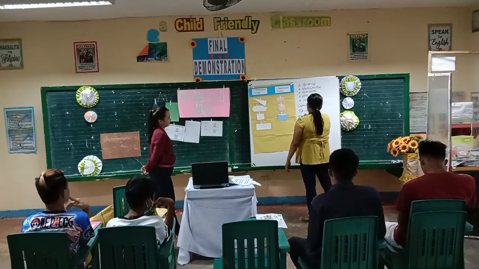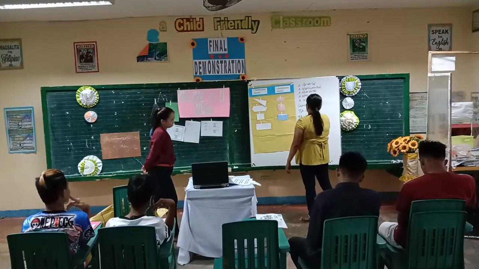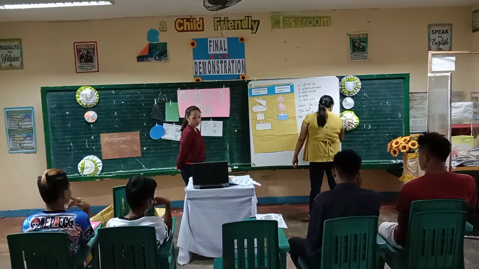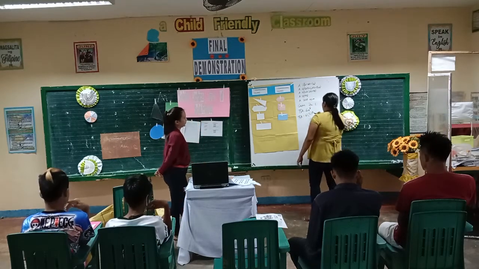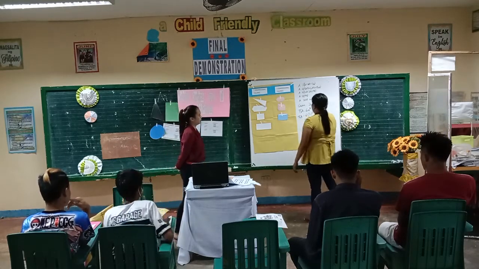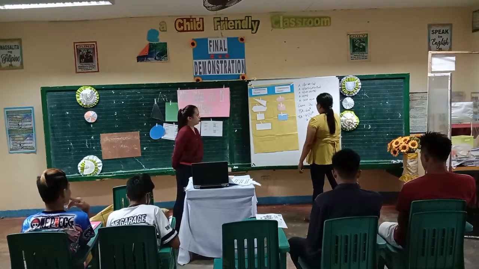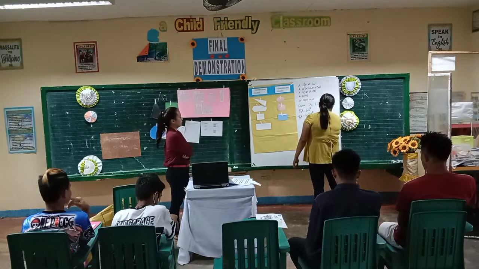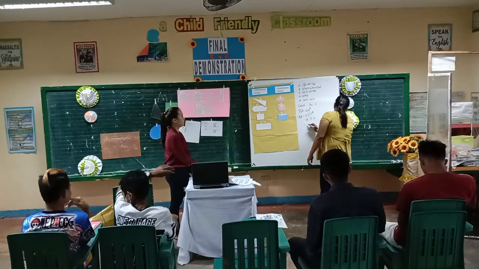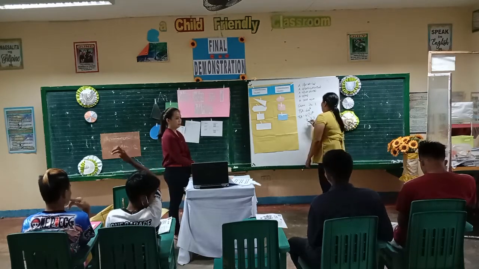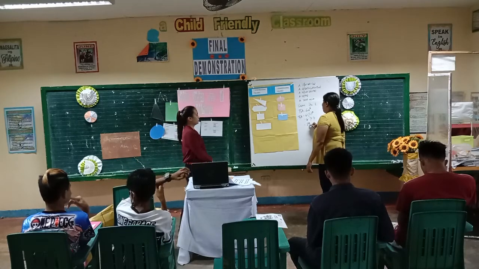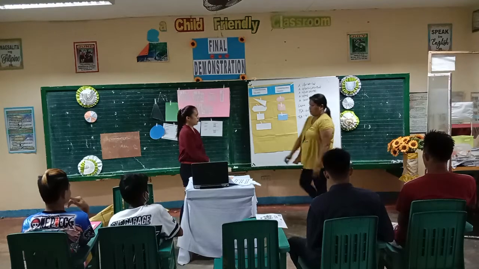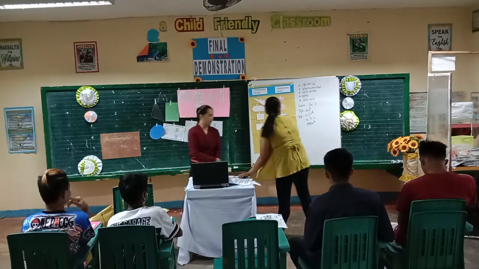So TSA, the total surface area, is equal to 6 times 7 squared, or 6 times 7 times 7. So the answer is 294 square centimeters. Okay, very good. A round of applause, please.